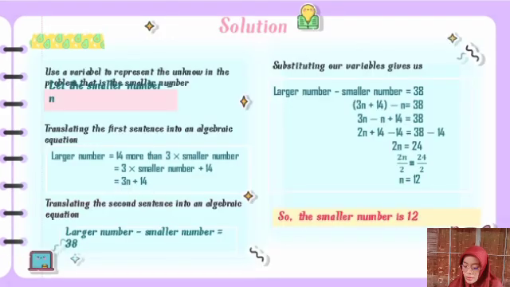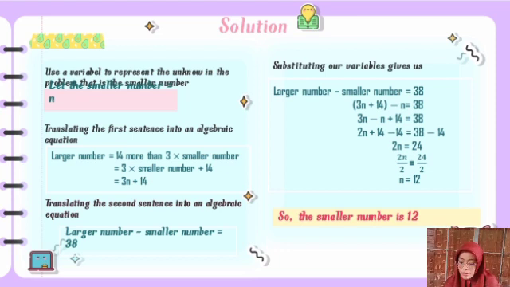Solution: use a variable to represent the unknown in the problem, that is the smaller number. Let the smaller number be n. Translating the first sentence into an algebraic equation.